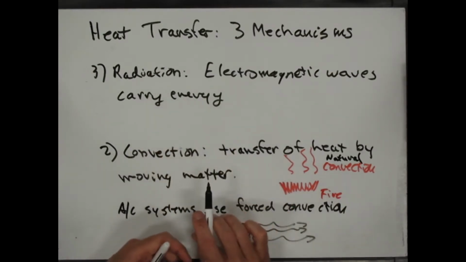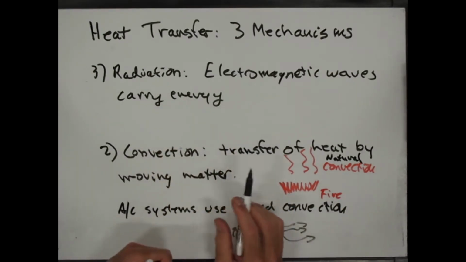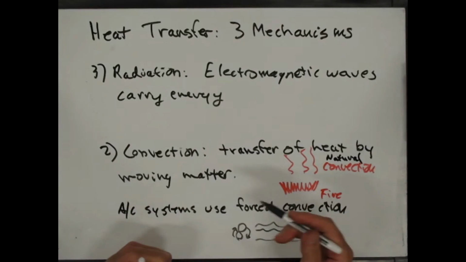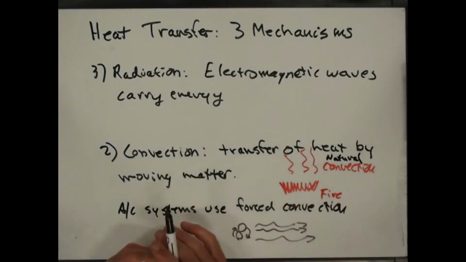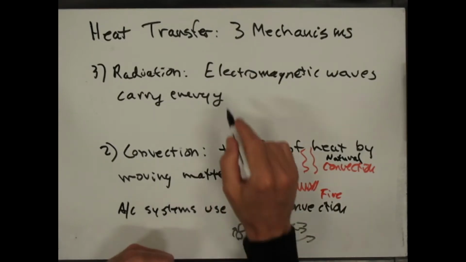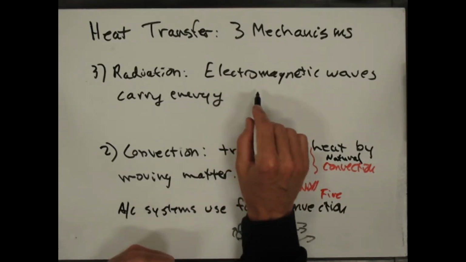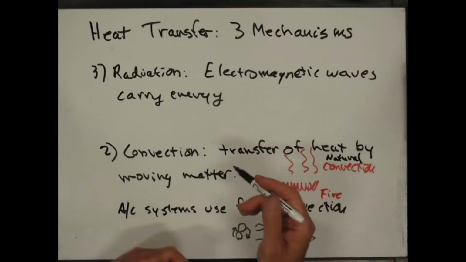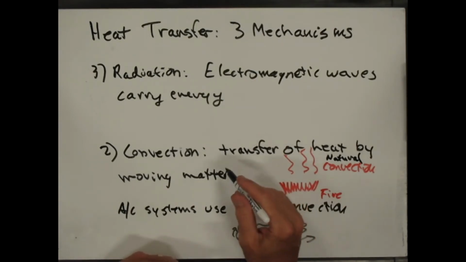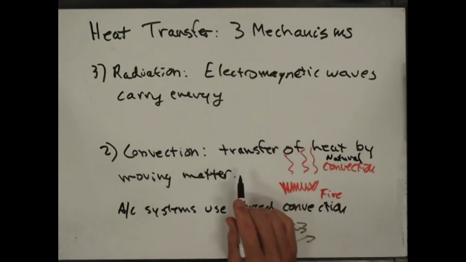And so heat transfer by radiation is just basically light. Electromagnetic waves carry energy, and so they can move thermal energy from one place to another, or energy in light form, say, converted to heat when it's absorbed by another object. And so we'll talk about the three of those.